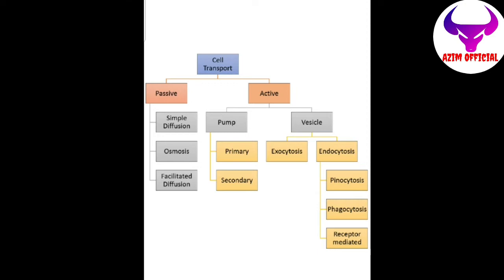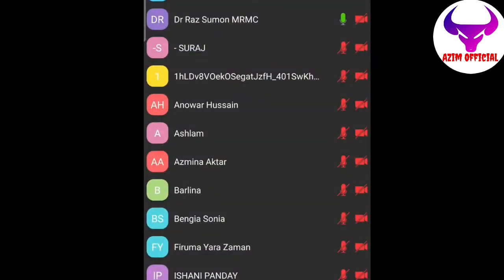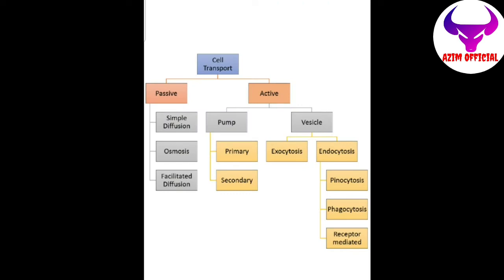So, types of membrane transport: if you are asked the types, you will say membrane transport is of two types. One is passive transport, another is active transport. Passive transport has three brothers. One is simple.